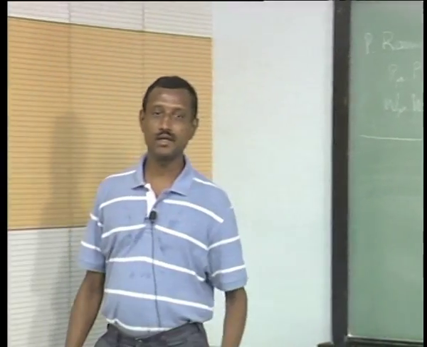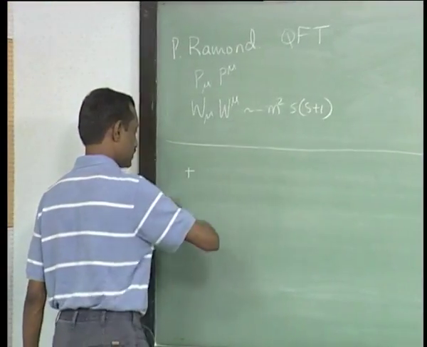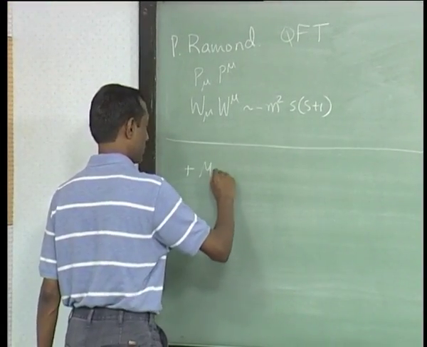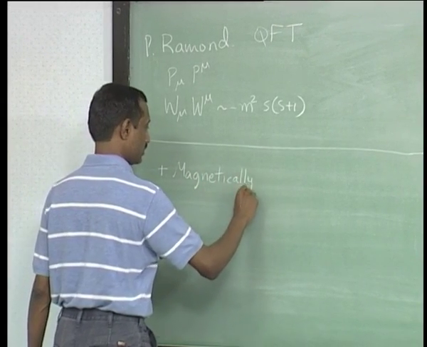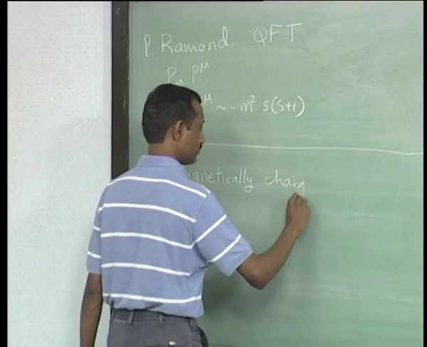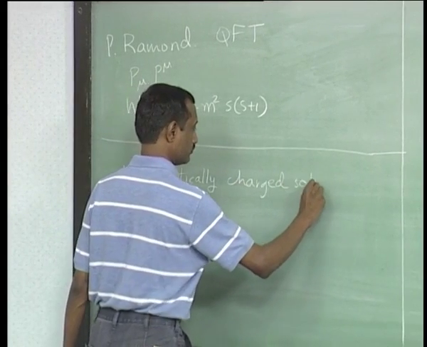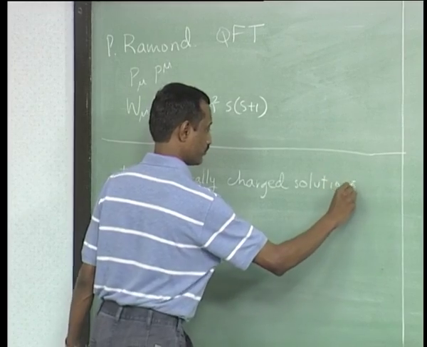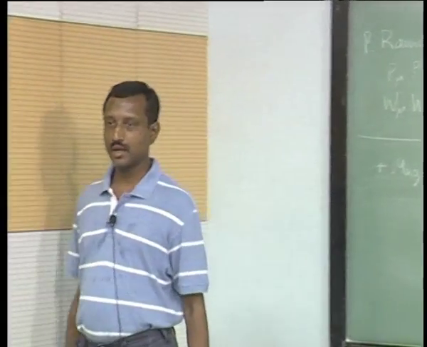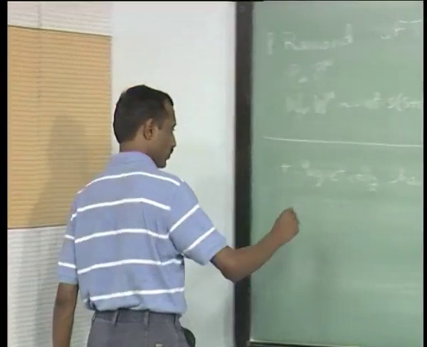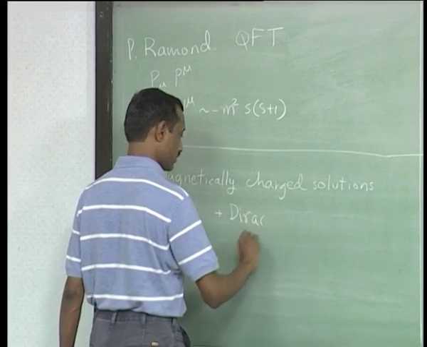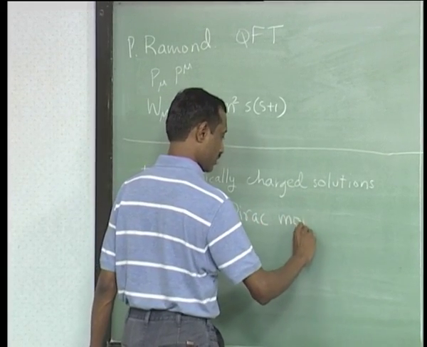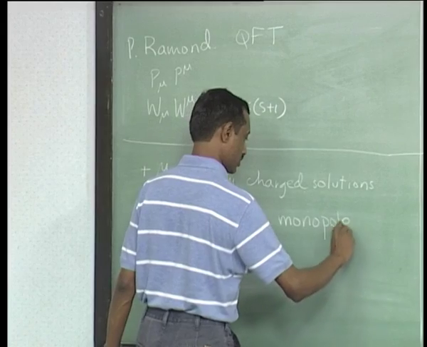Now what I am going to do is go back to discussing classical solutions. What we will discuss in the next two lectures is magnetically charged solutions. I have already given you two assignments on this. One was on the Dirac monopole, and this lecture is related to that.